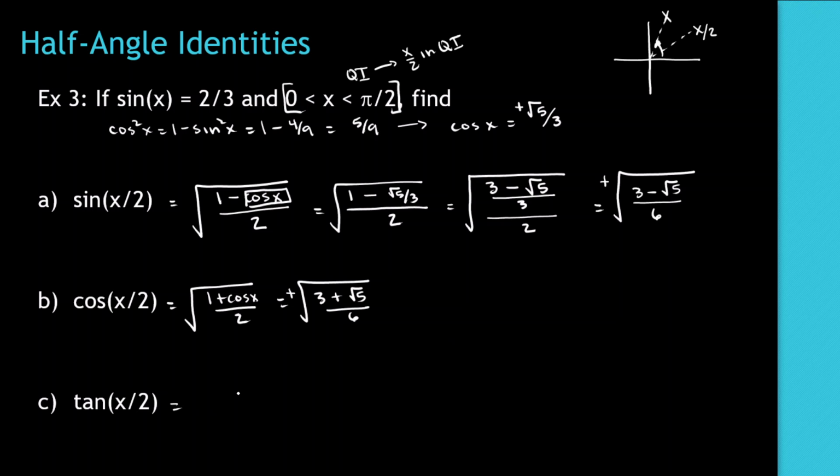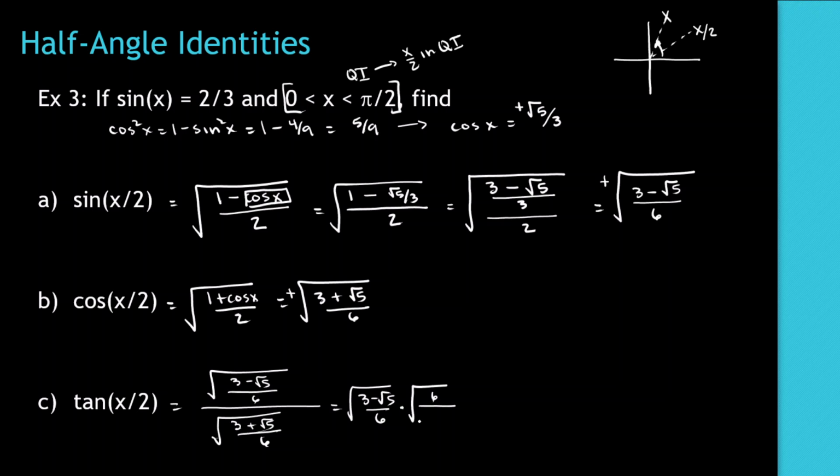Now that makes tangent sine over cosine. Now when I'm dividing the fractions, that means I'm actually multiplying by the reciprocal. So I could write it this way. Okay, let me clean that up a little bit.